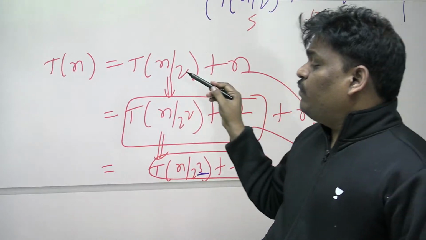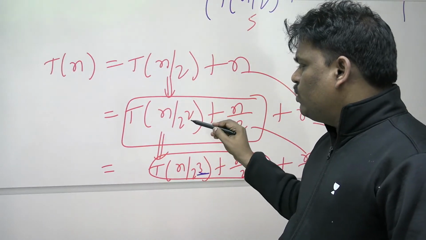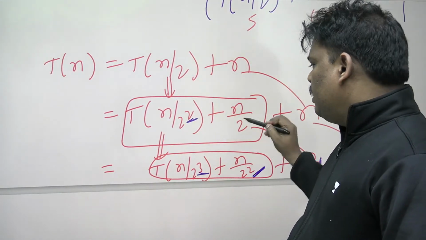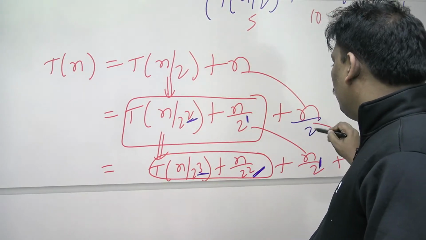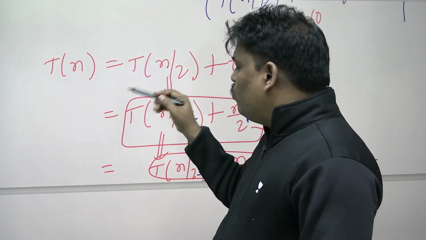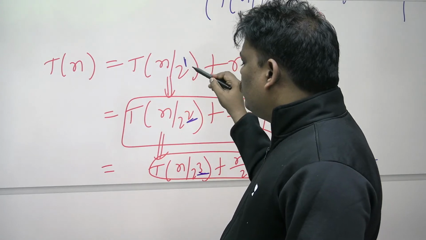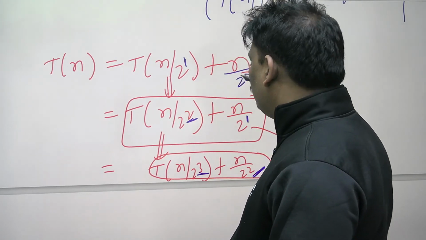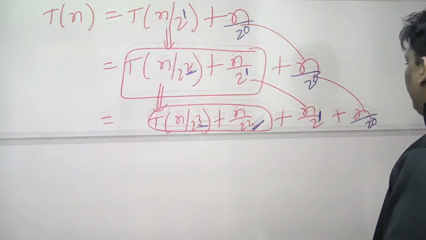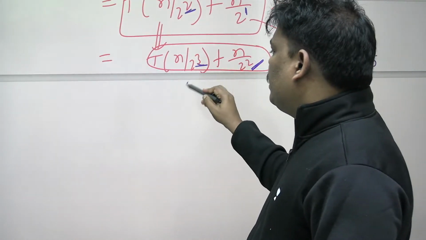Next, if you do it 2 times, you can verify. 2 times means I got 2 square, then 2 power 1, then 2 power 0. Let's see 1 time. If you do it 1 time, n by 2 power 1, which is 2 power 0. Let me do k times.